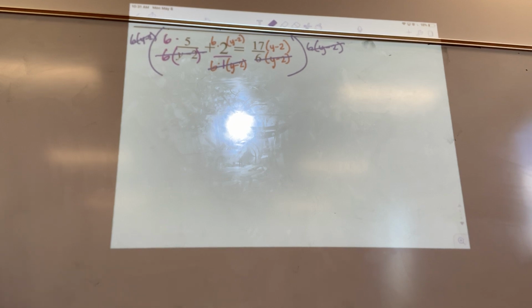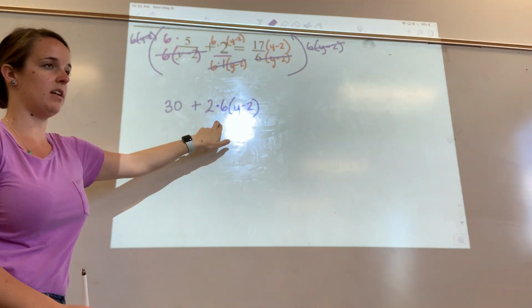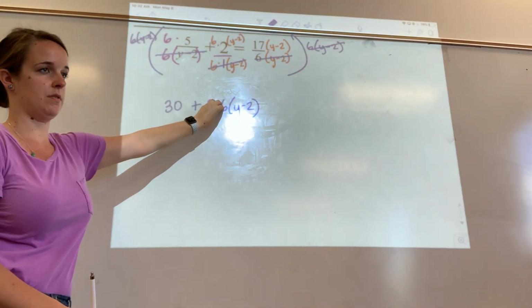What is that going to leave us left with? 30. How do we get 30? 6 times 5 plus what? 2 times 6 times y minus 2, right? Yeah, you can definitely multiply 2 times 6, that would be 12, right? And then what are we going to do with the 12?